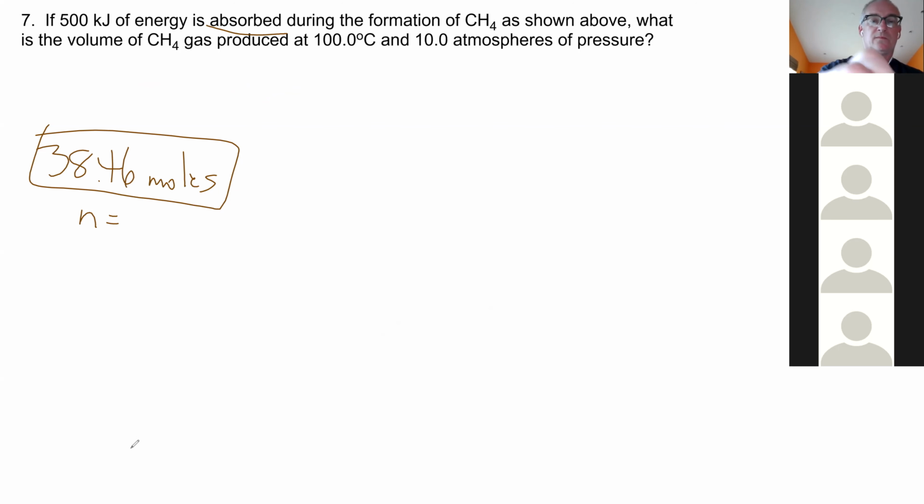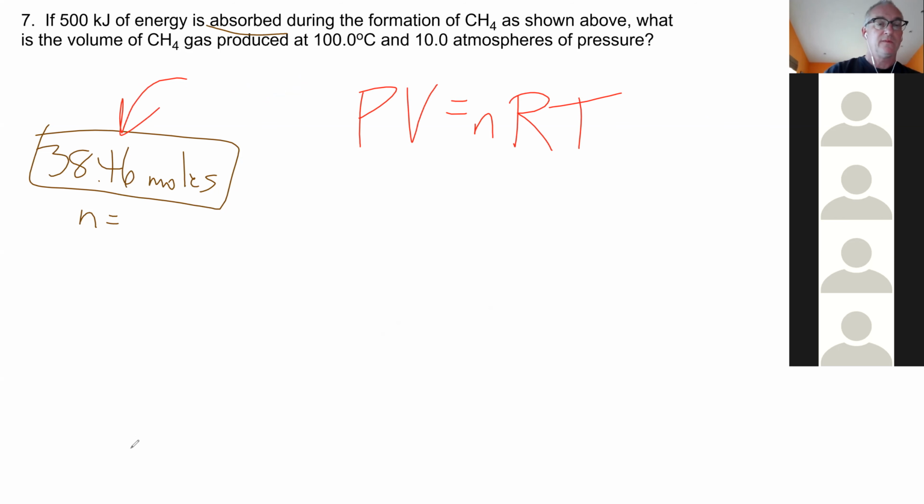We're going to be using PV equals nRT, and we have solved for n. So n is 38.46. Let's figure out the rest of it.